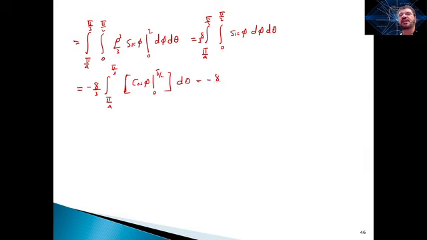Now, we plug pi over 2 for phi. Cosine 90 is 0, guys. Minus, put the 0. Cosine 0 is 1. d theta. The minus goes out. You get 8 over 3, integration from pi over 4 to pi over 3 of d theta.